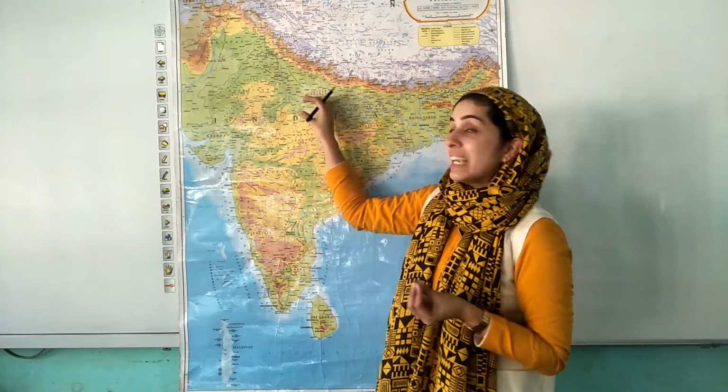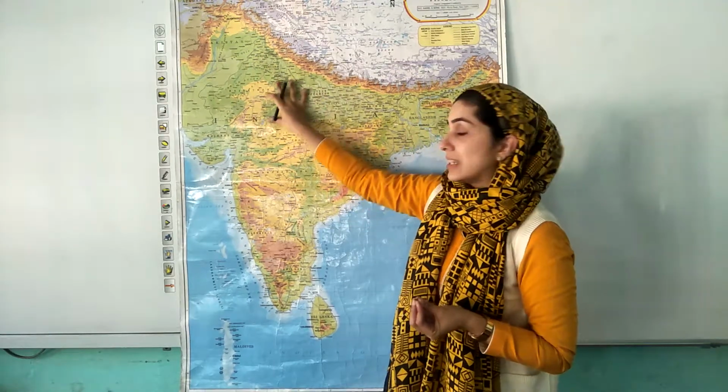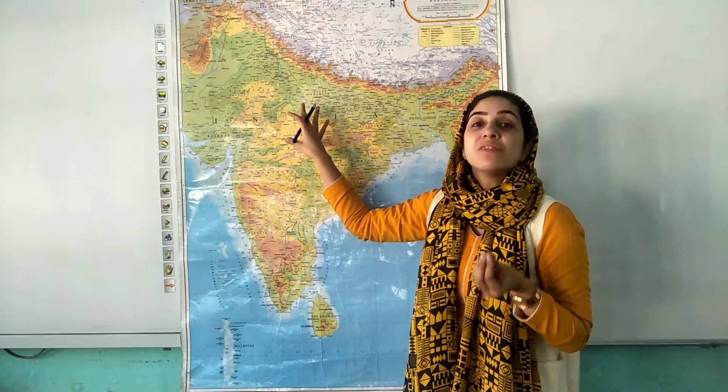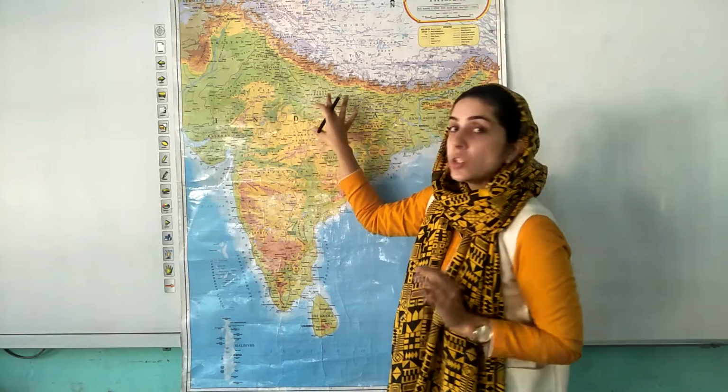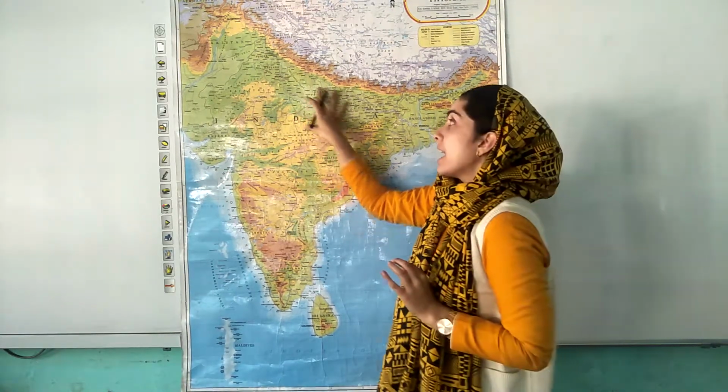The rich alluvial soil which is brought by these three rivers from the Himalayas gets deposited in this part, and hence the soil is very rich. So this covers the northern plain of India. It covers an area of 7 lakh square kilometers.